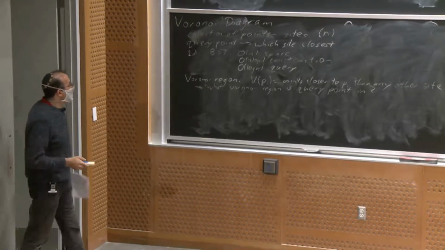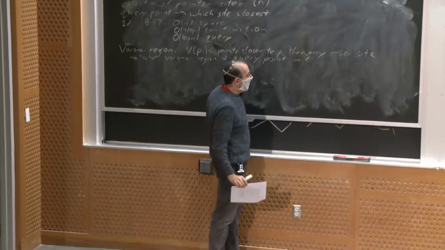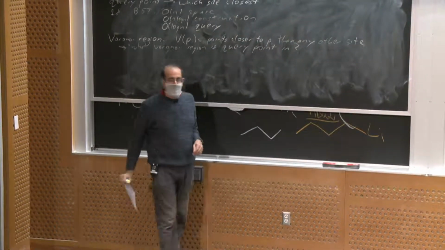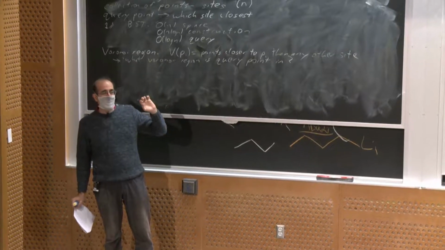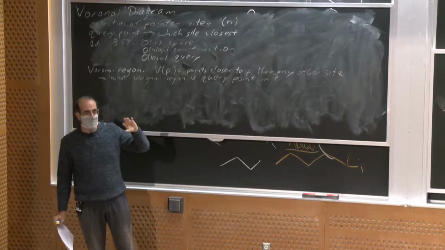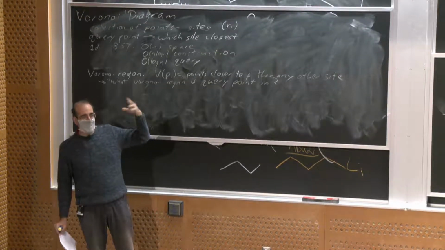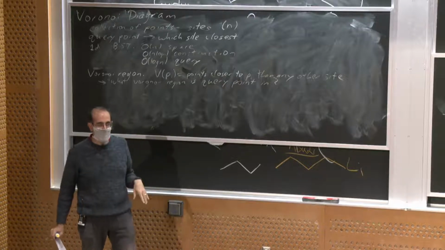Okay. So let's try to understand these regions. Intuitively, the region of a site seems like it should be the stuff that's around the site, right? Like if you drew a little circle or box around the site, that would probably start to give you the Voronoi region for the site.